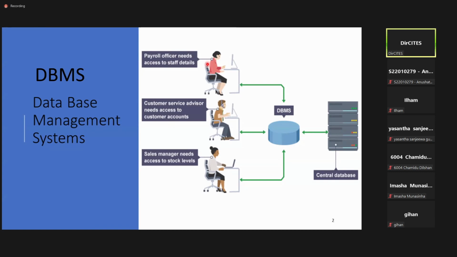And the sales manager needs information about sales, the stock, the inventory. So they need different views of the data inside the database. All of this is provided using a DBMS.